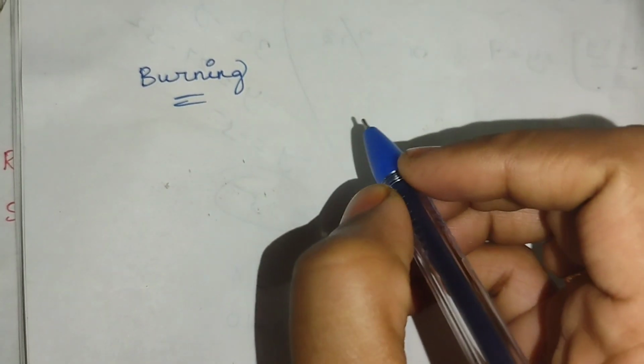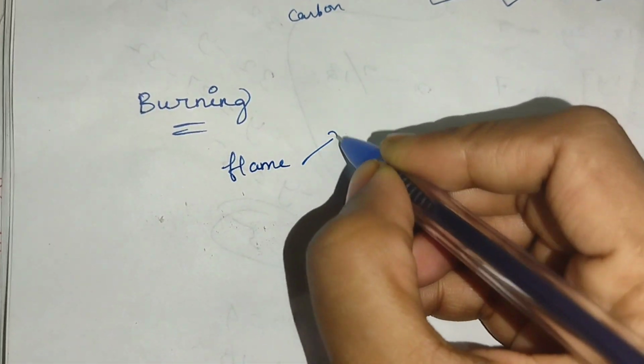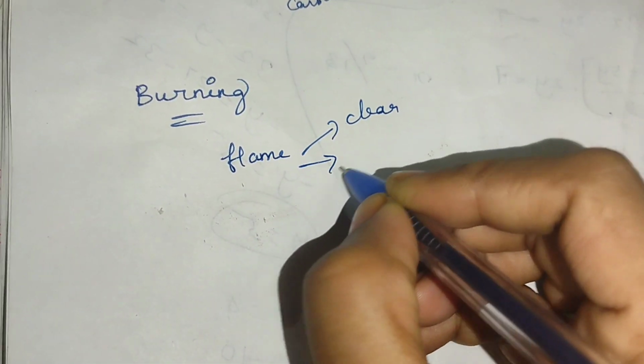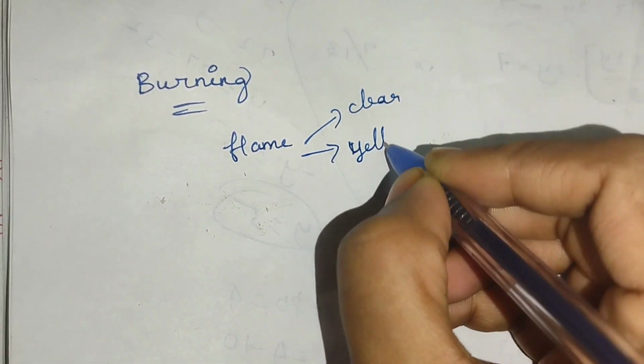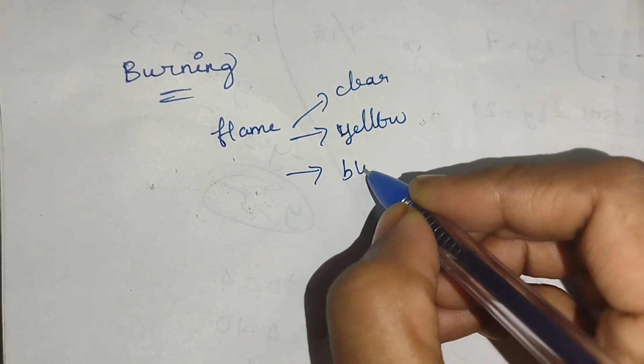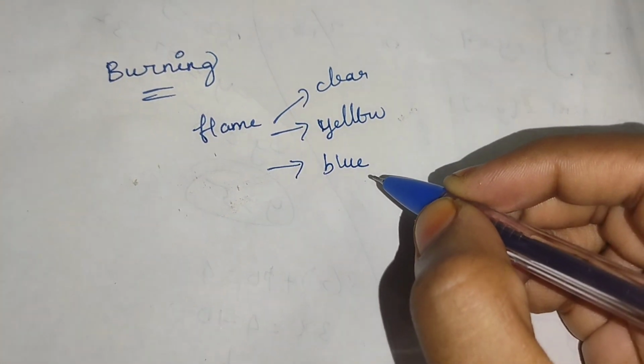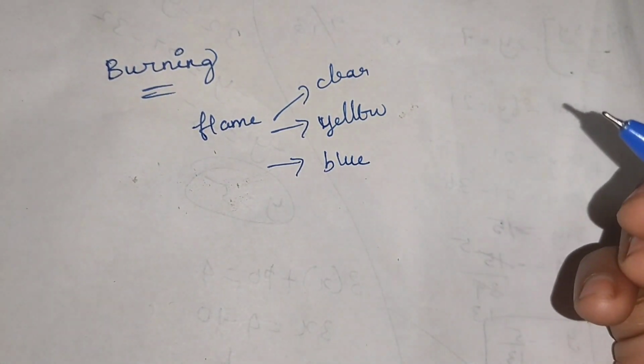In this burning process, a flame will come out. Definitely a flame will come out. It may sometimes be clear, sometimes yellow. If you notice a gas stove, the flame will be blue. The flame will vary, and sometimes it will also give some deposit.